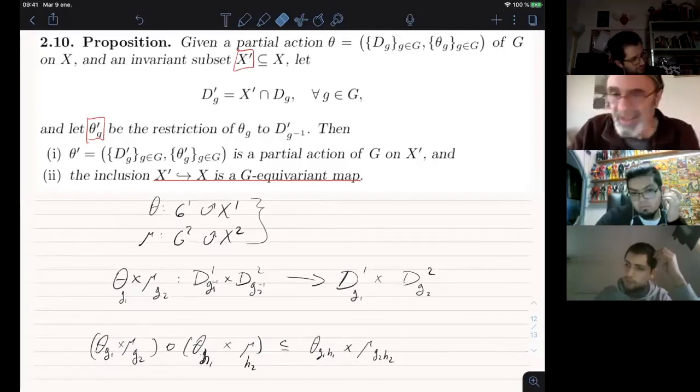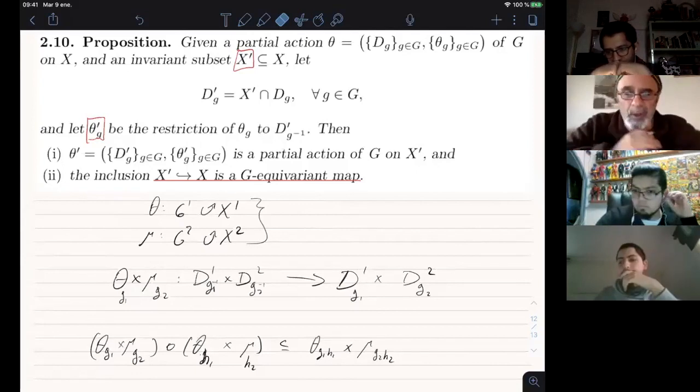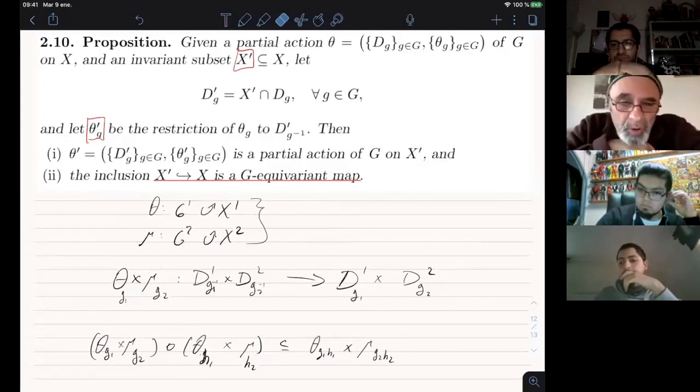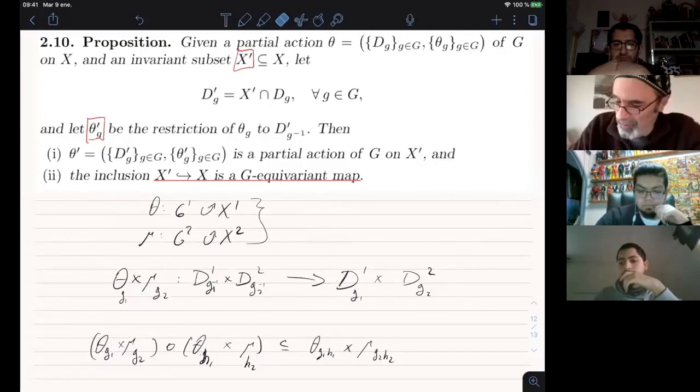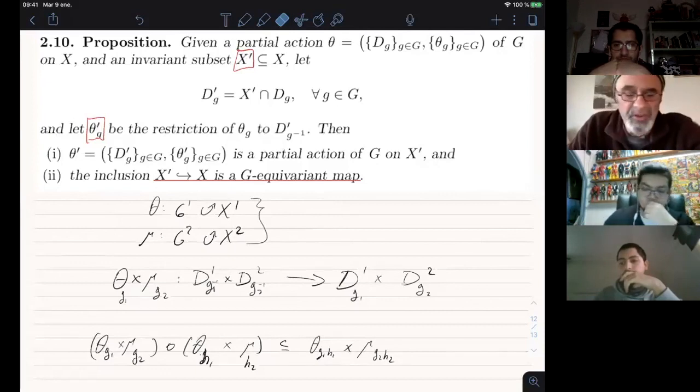This needs a quarter of an hour of computation. Only after doing this would I understand if there is a problem or not. Because if I look at this problem directly in terms of partial actions, it seems that everything goes okay, even if the two groups are equal.